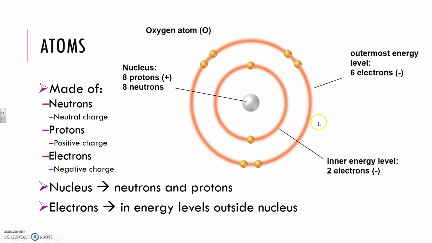You put the first 2 in the inner level, and each successive energy level can hold up to 8 electrons. You've got your first 2 in the inner level, and you only have 6 electrons left, so all of them go into the outer level. So this is an oxygen atom.